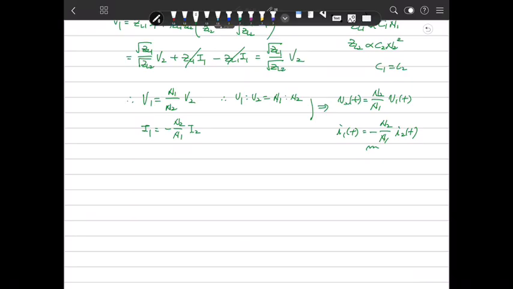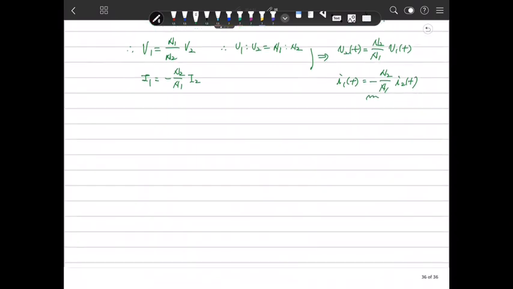Anyway, that is the ideal transformer. This expression means ideal transformer.